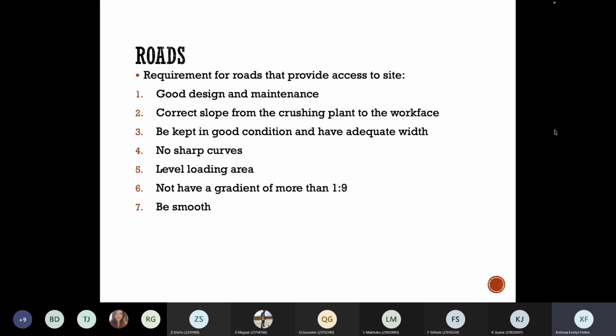But in terms of the road, if it's a 10-kilometer road that they are doing, then they will cut it into different sections. So depending on where you're going, that section of the road. So the road that you're using that will lead to that specific section, it needs to have those requirements, all of them.